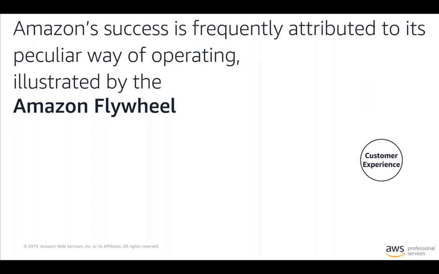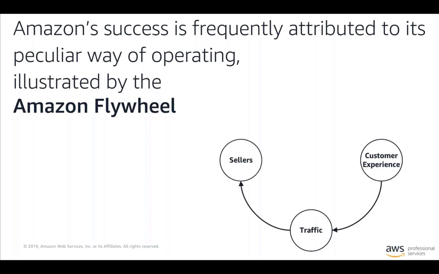Creating an experience that delights customers drives traffic to Amazon.com. The more traffic Amazon.com receives, the more attractive the platform is for our sellers. The more sellers that come onto the platform, the deeper and broader our product selection becomes. There's a reason our customers refer to us as the everything store.